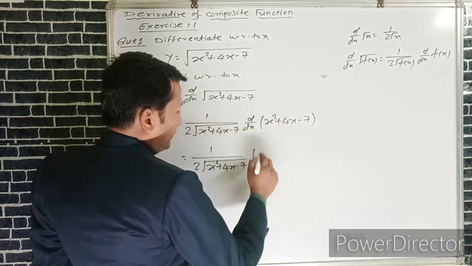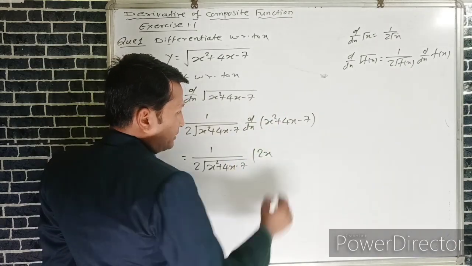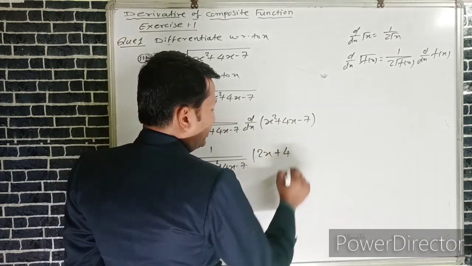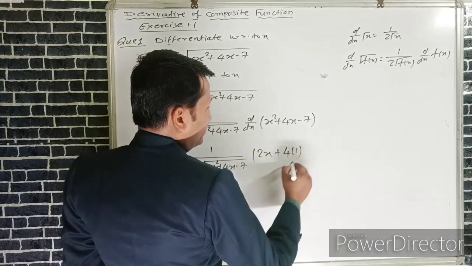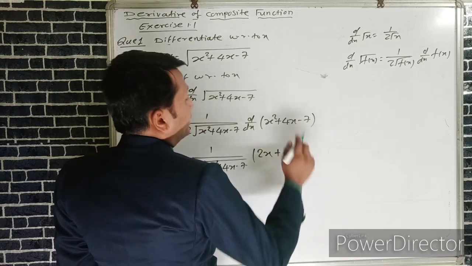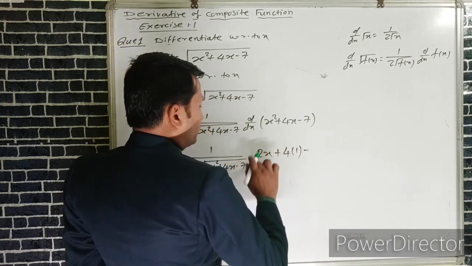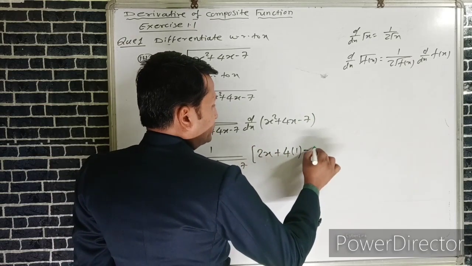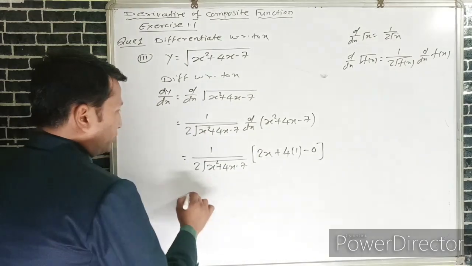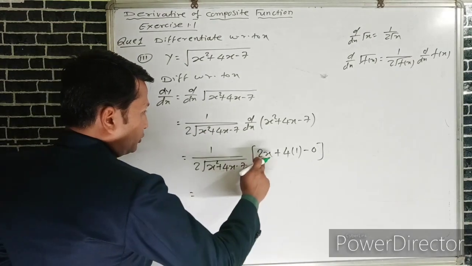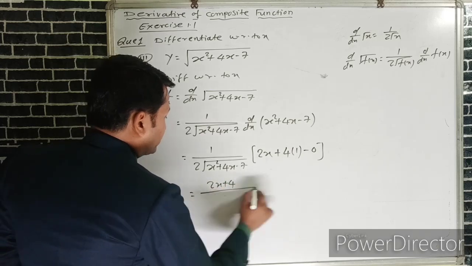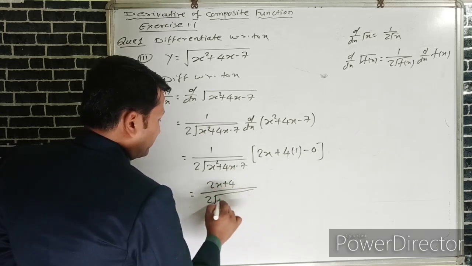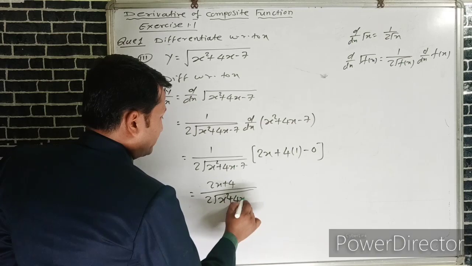Hence, the derivative of x square is 2x, plus 4 into x, where 4 is a constant and the derivative of x is 1, minus the derivative of 7, which is constant, is 0. Hence, we can write it 2x plus 4 upon 2 under root of x square plus 4x minus 7.